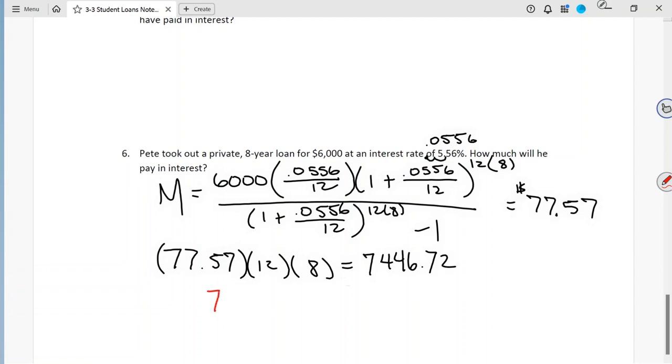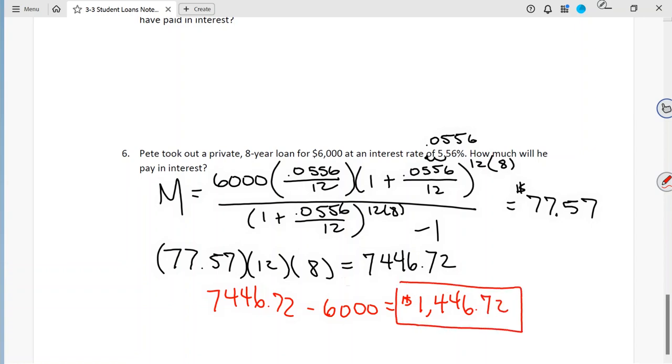If you take the $7,446.72 and you subtract how much you borrowed, the $6,000, then you get an interest amount of $1,446.72. So in order to borrow that $6,000 over the course of the next 8 years, you'll have paid the bank $1,446.72. Okay, so hopefully that gives you an idea of how to calculate student loans.